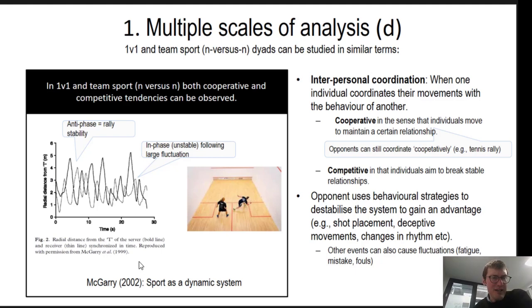So here we've got two people measured over time on the x-axis, and on the y-axis we have a measure of distance: the radial distance from the player's center of mass to the center T point.